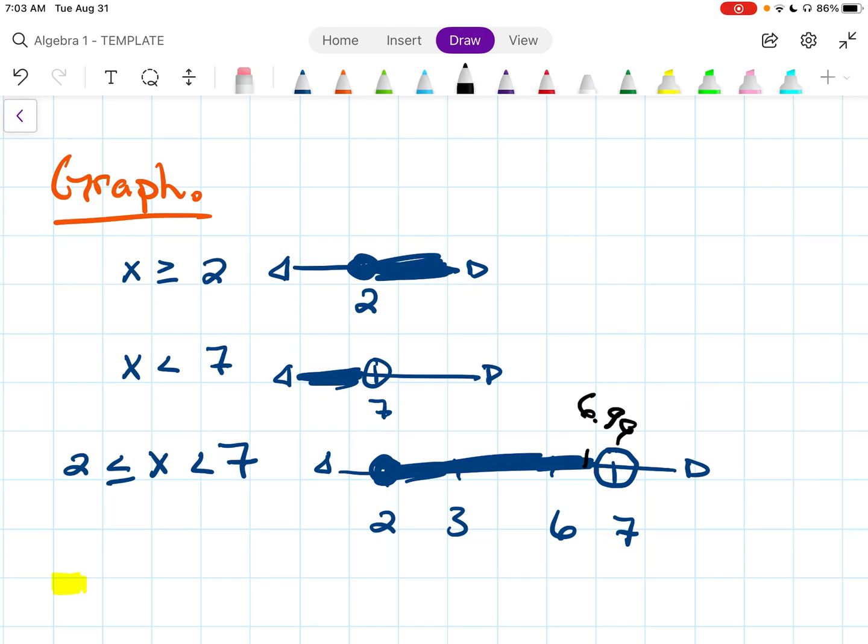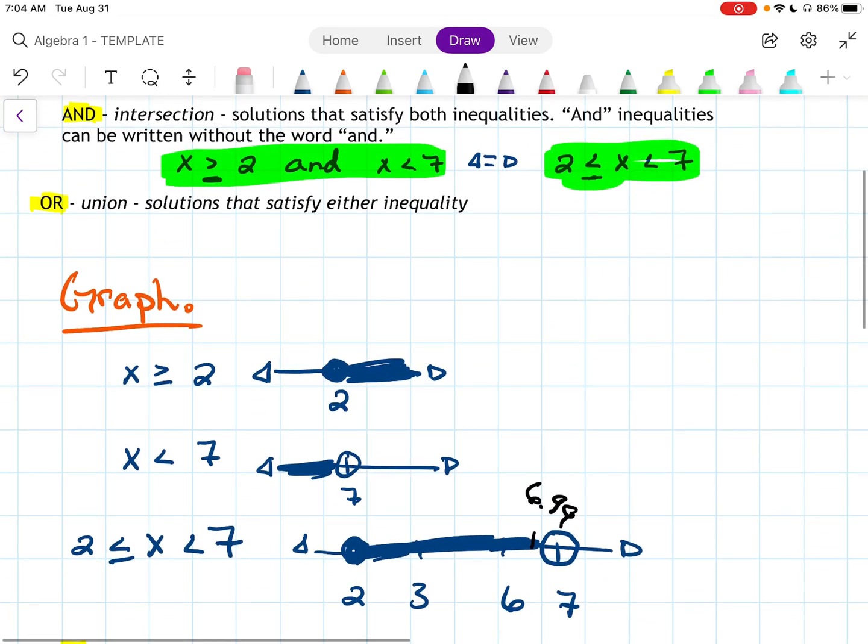A lot of times it has a little dragging thing for the number line. That's what this reminds me of, right? It has to be at least $2 and no more than $7, so $6.99. So that's an intersection compound inequality.